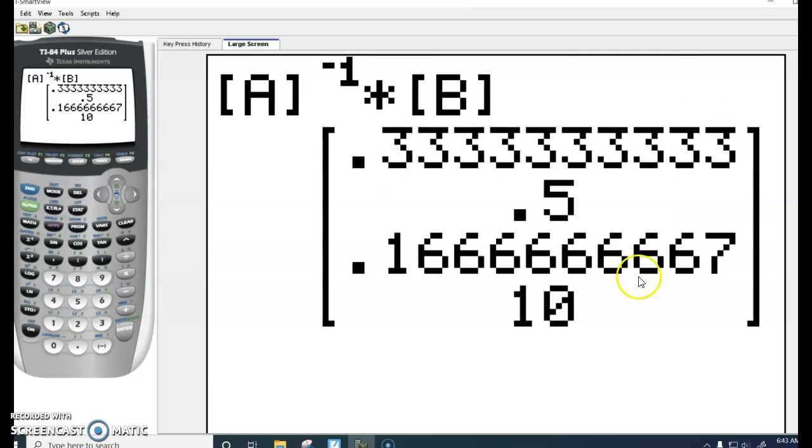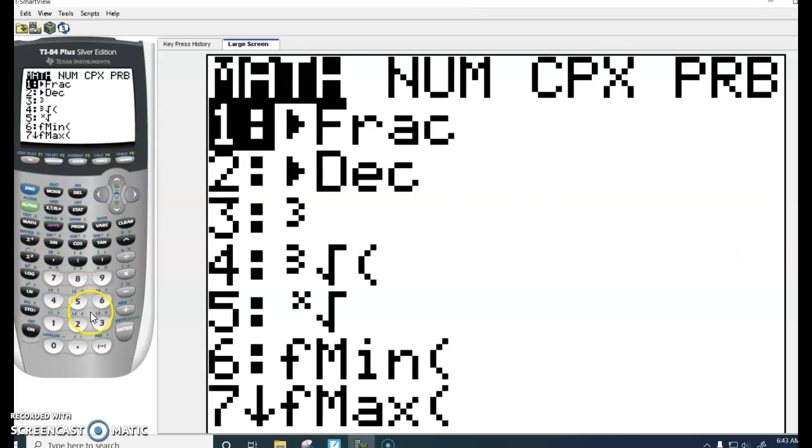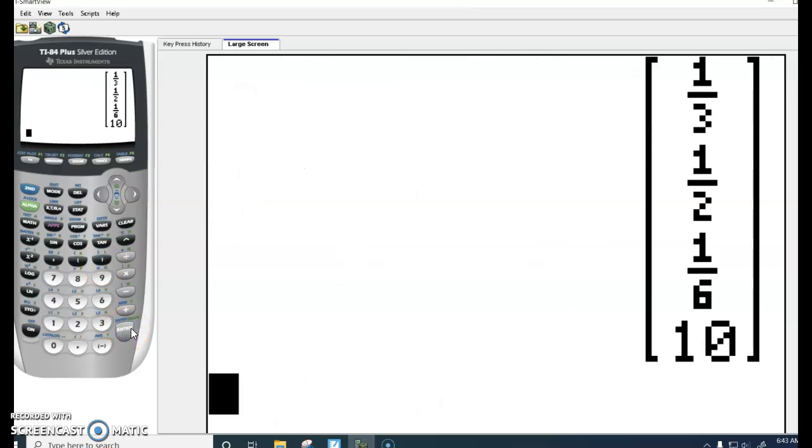So I have these coefficients, and because I don't necessarily like decimals, what I'm going to do is press math, enter, enter, and it's going to turn this matrix into the coefficients for my matrix. Okay?